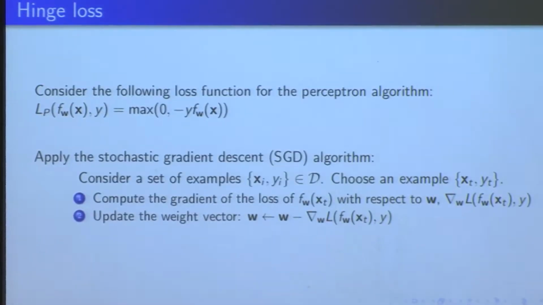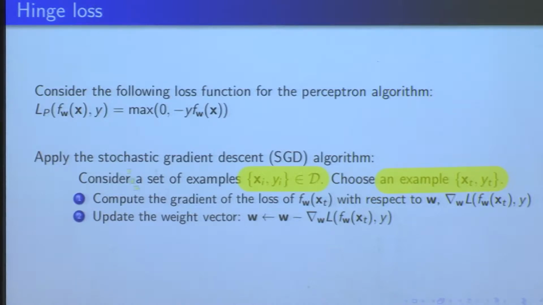What exactly perceptron does is apply a variant of gradient descent, stochastic gradient descent, on this loss function given by L_P. Consider an example which is misclassified; for all the correctly classified points the loss is 0. So just choose any example x_t, y_t, because the loss will determine whether it should be taken seriously or not.